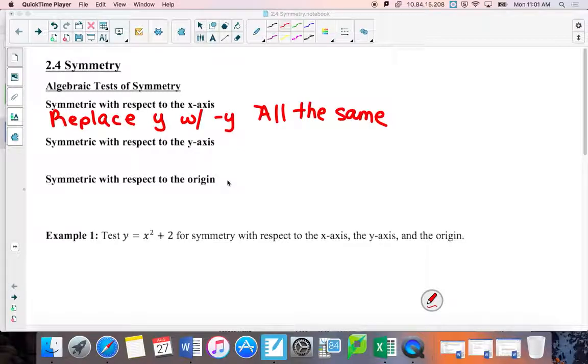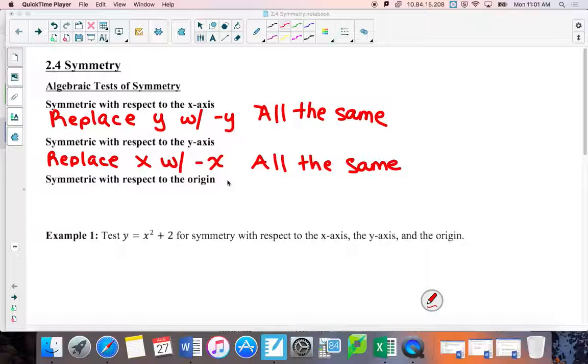To test for the y-axis, you're going to replace x with negative x. And again, if you do that and you simplify and everything comes back exactly the same, then you are symmetric to the y-axis.